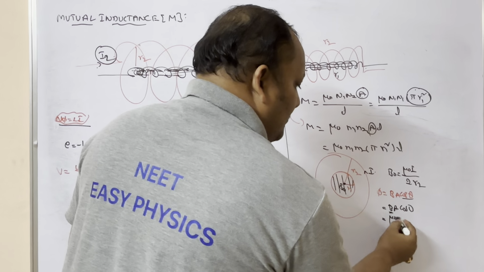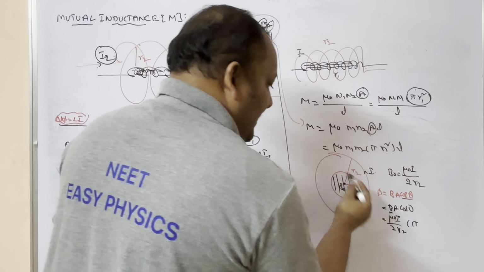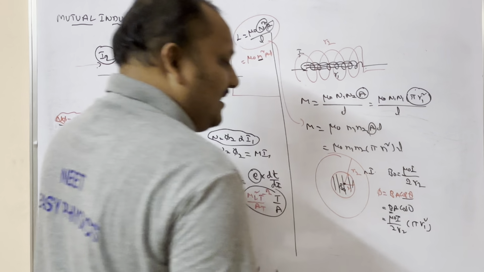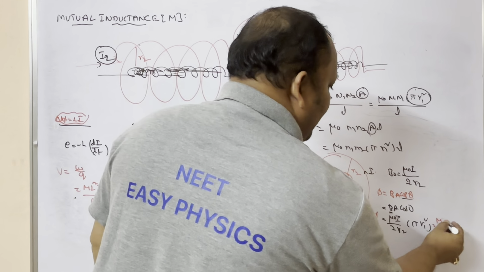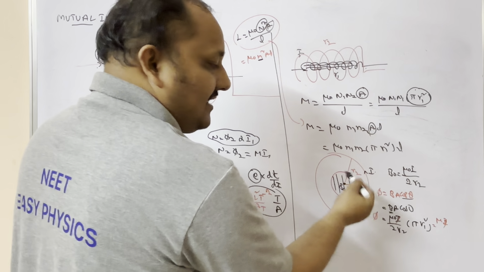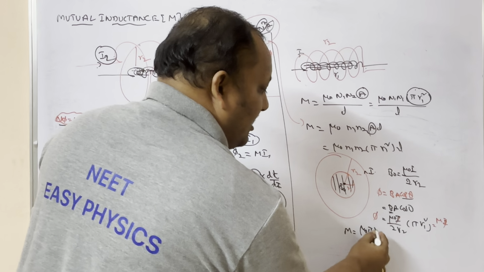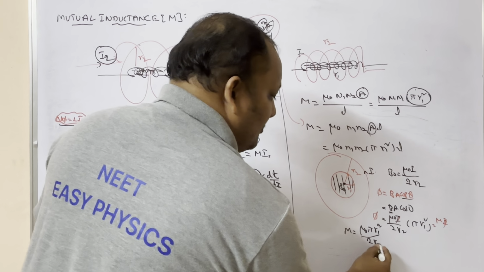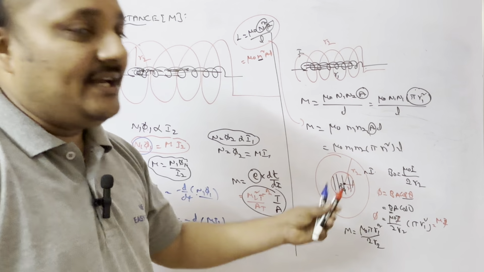Mu naught I by 2R2. What is A? What is the area of this? Pi R1 square. This is phi. This phi you have to equate for MI. So, I will be cancelled, because N is not there, only one term we are taking. Therefore, M is equal to mu naught pi R1 square by 2 R2. If current is passing in bigger coil.